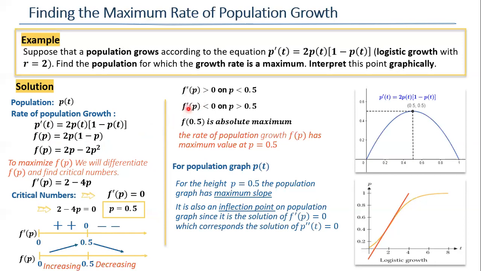So f prime of P is the derivative of the rate of change, the first derivative. So the derivative of f is the second derivative of P of T. So it's an inflection point on the population graph, since it's the solution of P double prime of T equals 0.